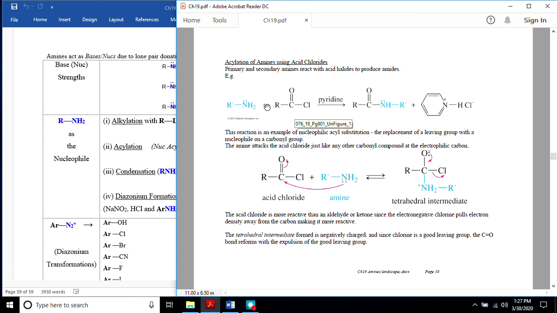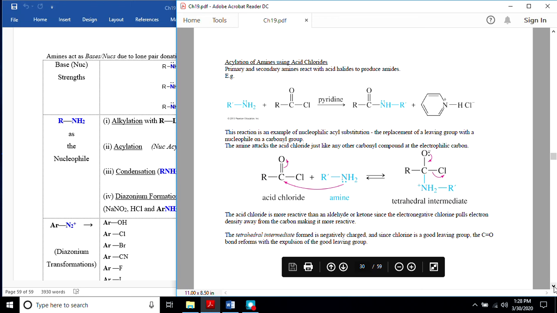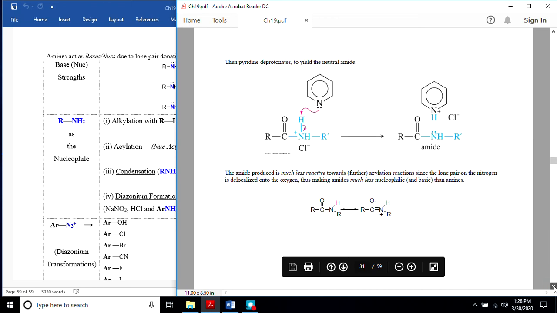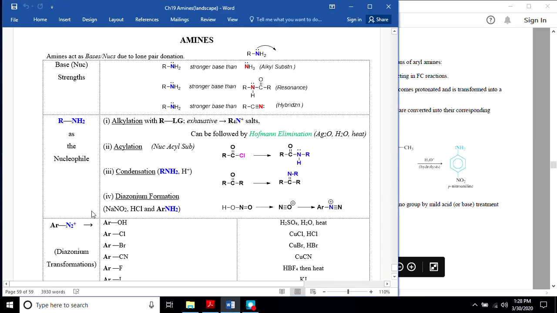So acid chloride plus amine gives you an amide. So this is an example of nucleophilic acyl substitution. Nucleophilic acyl substitution, conversion of an amine into an amide.